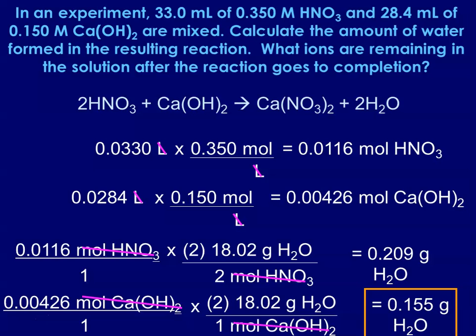So that is going to determine how much of the water I can actually make. I also want you to notice that it was calcium hydroxide that was my limiting reactant, which means all the hydroxide that was present in the calcium hydroxide was completely consumed.